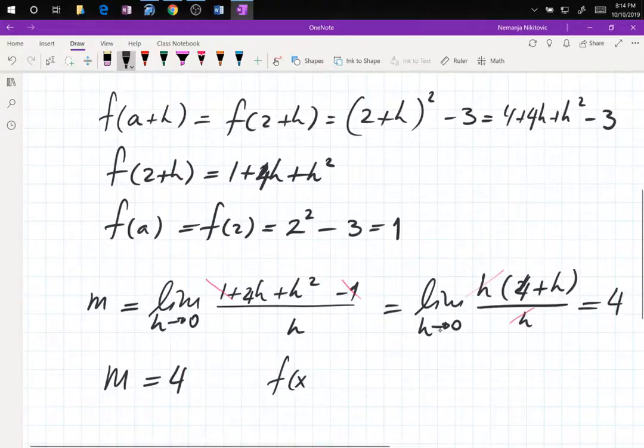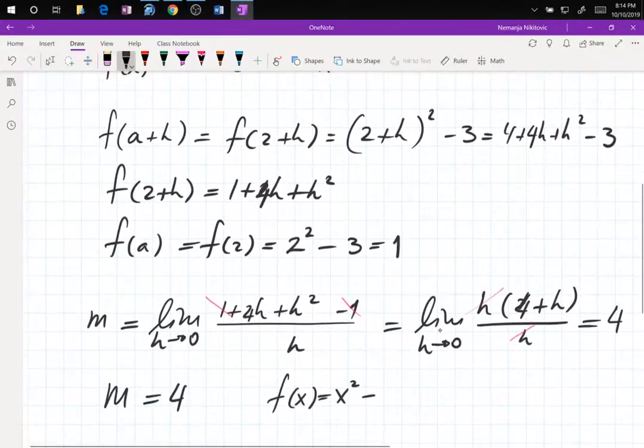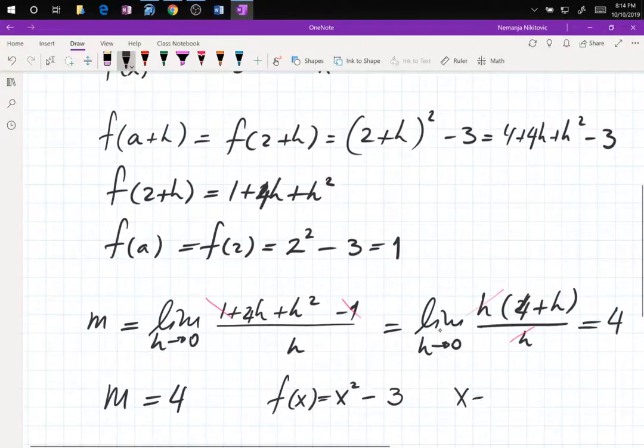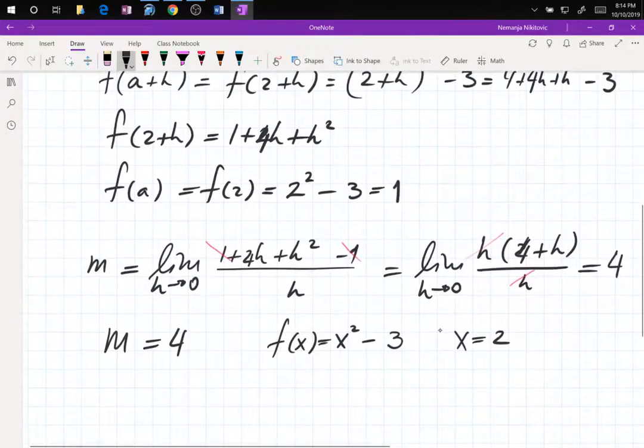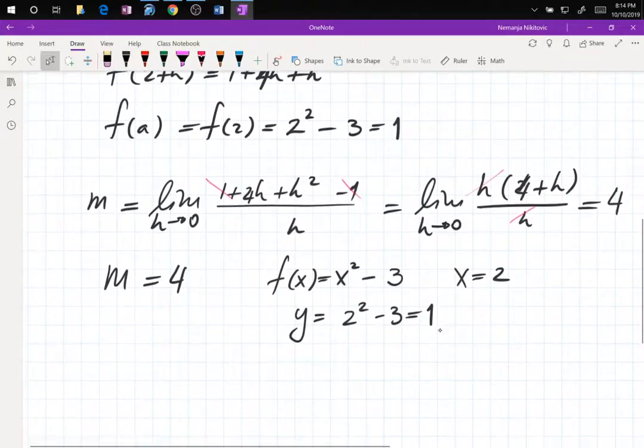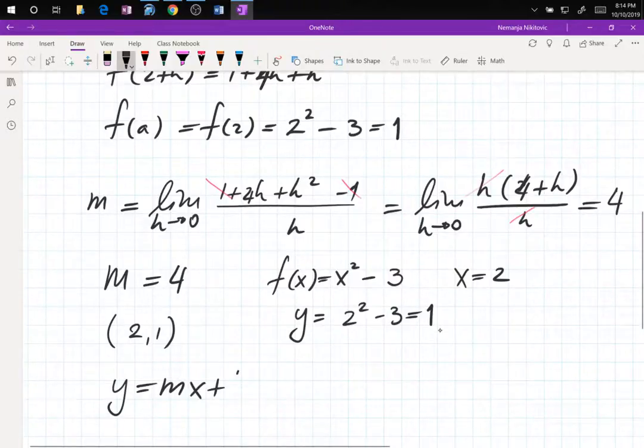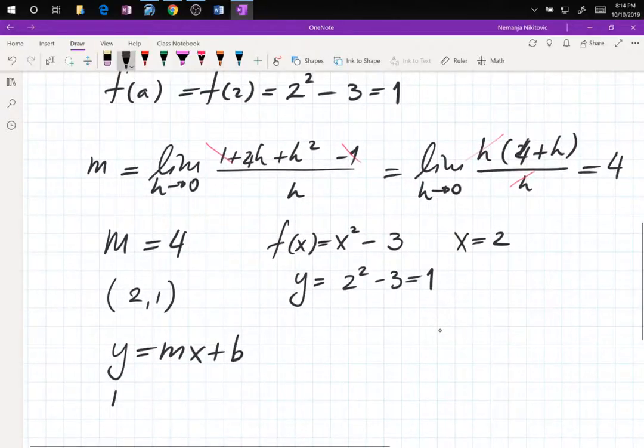We have the function f of x is x squared minus 3, and we have that x is equal to 2. I can calculate the y value now as 2 squared minus 3, which is 1. And that gives me the point (2, 1). y equals mx plus b. Plug in y, which is 1.